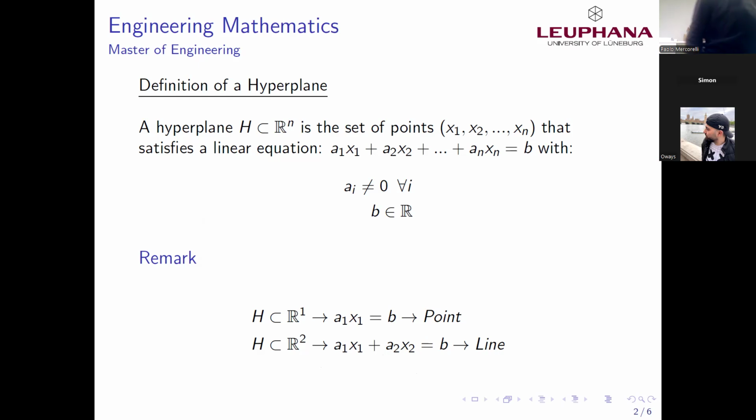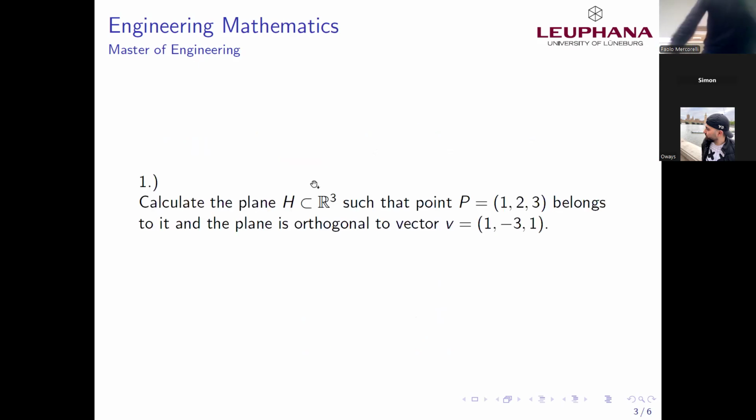In order to understand that this expression is a general expression for everything. Exam exercise. And then next week we will go in depth on the interpretation, different expressions and so on.